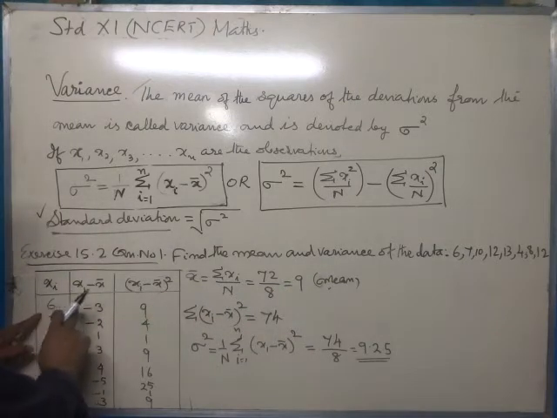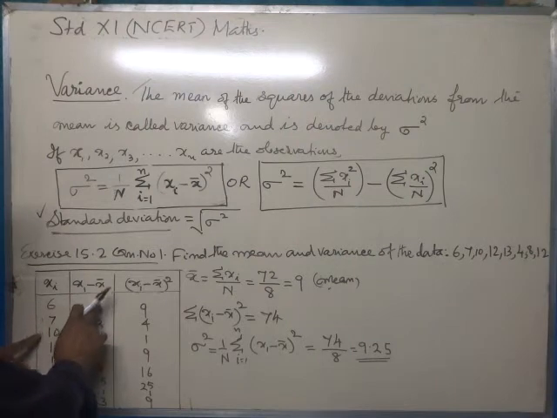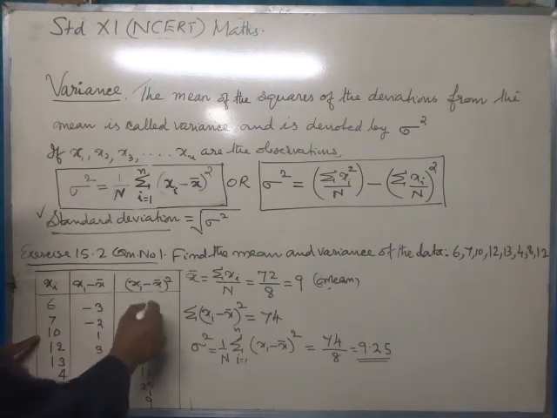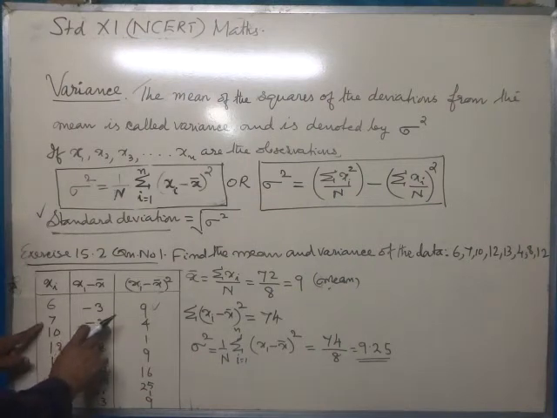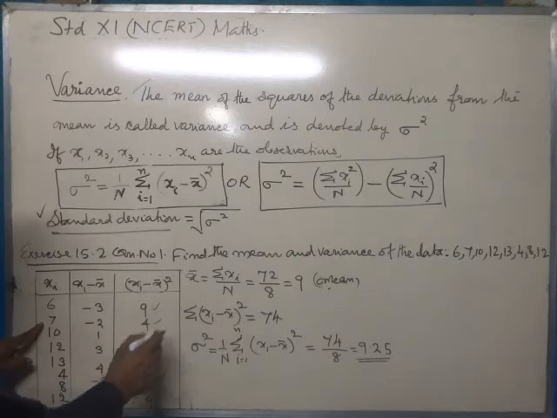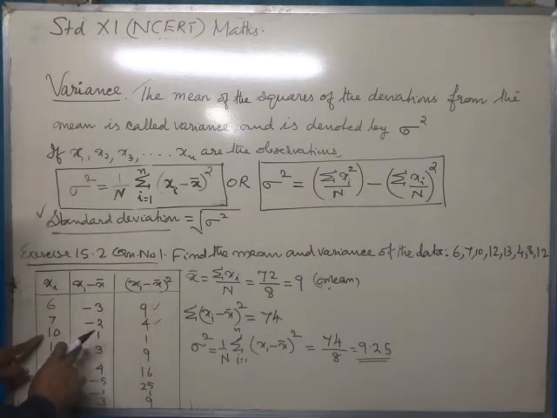For the first figure, 9 subtracted from 6 is minus 3. Square is 9. Second one, 9 subtracted from 7, the answer is minus 2. Square of it, 4. 9 subtracted from 10 is 1. Square is 1.